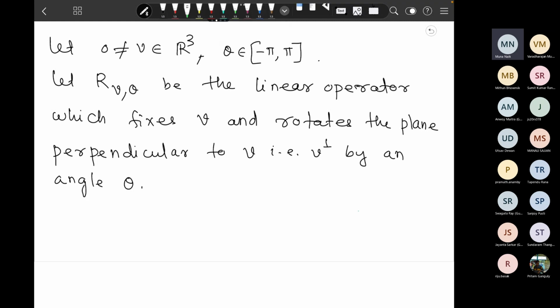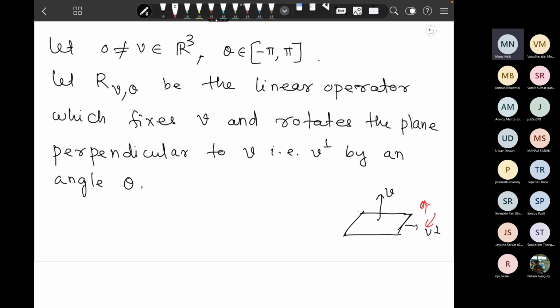So suppose this is my plane and this is my vector v. This plane is my v perp. This v perp can rotate in this direction, or you may rotate in this direction. So you have to assign a direction in which it is positive.